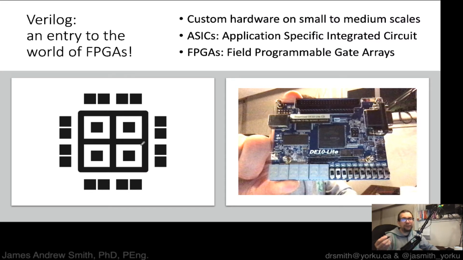All right, so Verilog, this language that we're going to be showing you, is an entry into the world of field programmable gate arrays. Now, there are different customizable chips out there. And what do we mean by a customizable chip?